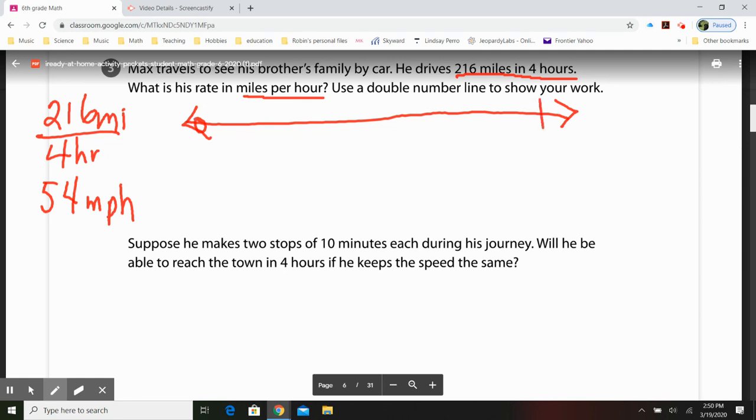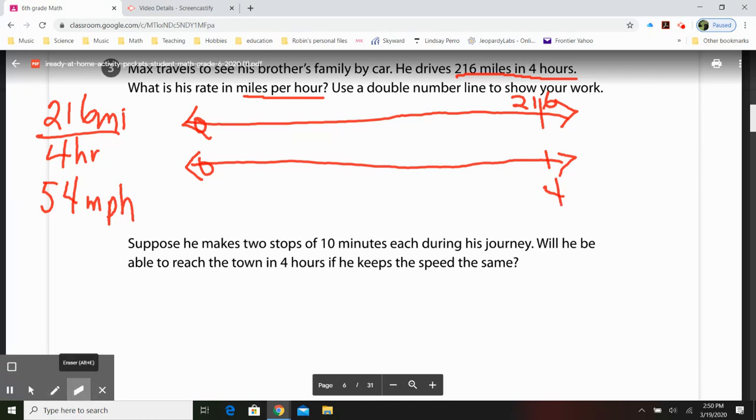And we're going to end at 216. So to match that up, we have 0 here for hours, and over here we have 4 hours. 216 in 4 hours.